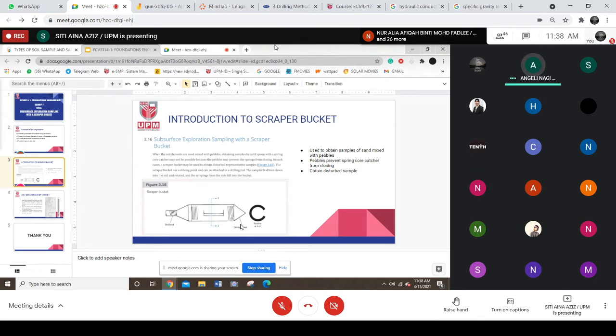How this scraper bucket works will be further explained by Alia and Amira after this. But basically, the sample that we obtain is a tube sample, which might be due to the friction between the soil and the tube. So that's all from me. I'm going to pass it to Alia and Amira.